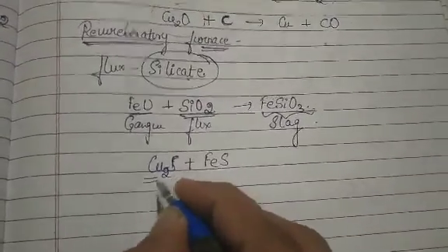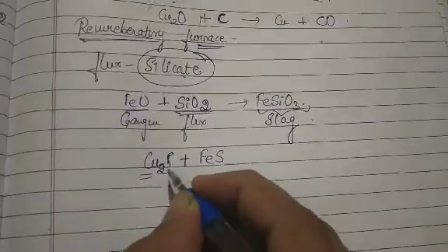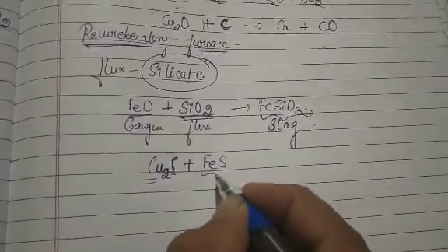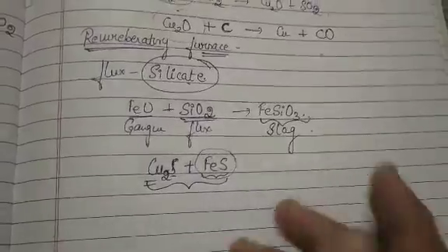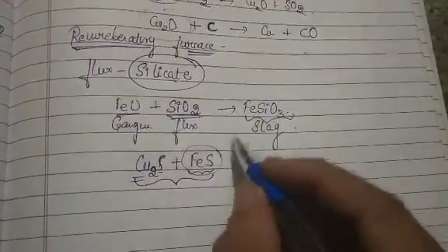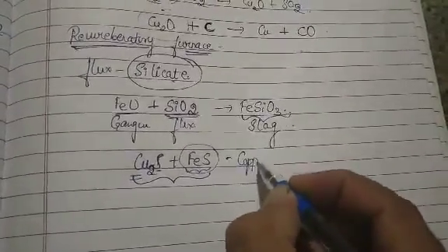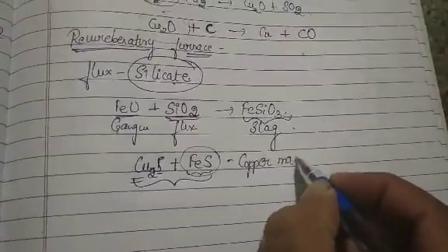So it will not be just copper; it will also have sulfide and another impurity of iron sulfide. So in a reverberatory furnace, the copper part you get is called copper matte. Very much important.